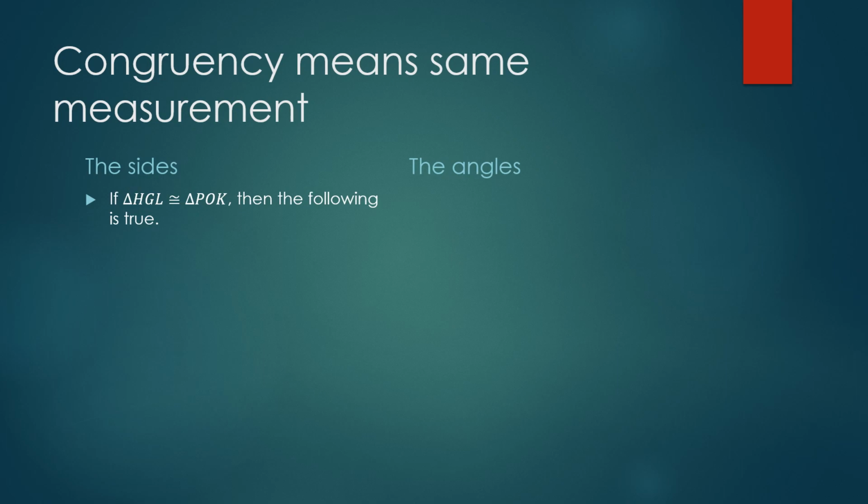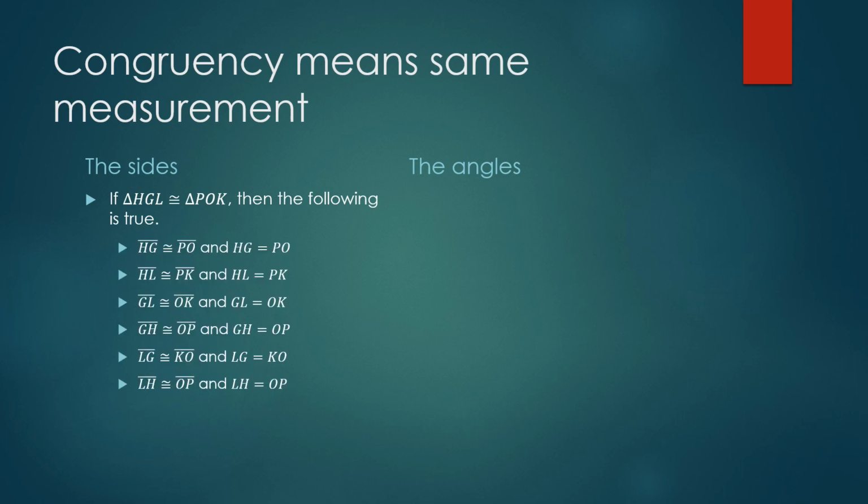So if triangle HGL is congruent to triangle POK, then the following is true. Line segment HG is congruent to line segment PO, but that also means that the measure of HG is equal to the measure of PO, and so on and so forth.